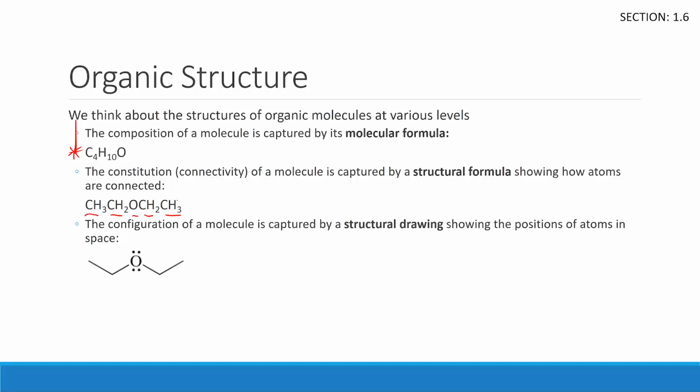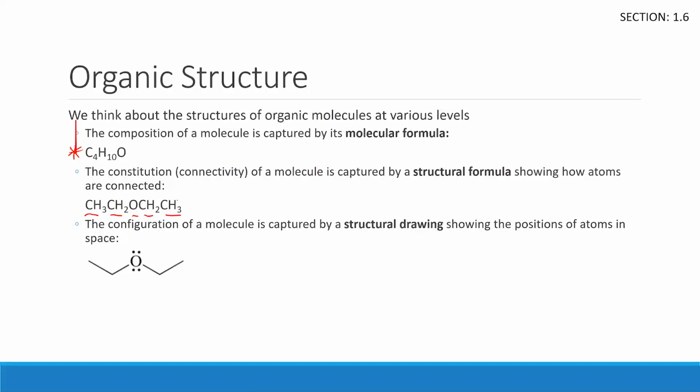And lastly, and probably the most common way that we'll be drawing, is captured by structural drawing, which shows the position of the atoms in space. This actually will show some angular positioning and how they are relative to each other. So it's not condensed, it's not just showing how they're connected, it's also showing where they are in space.